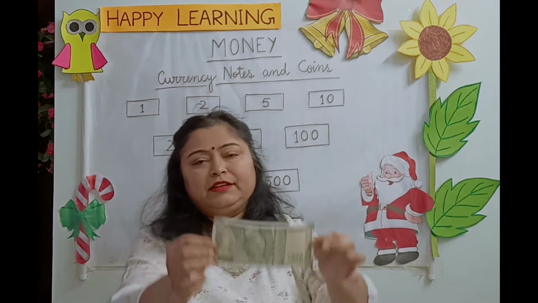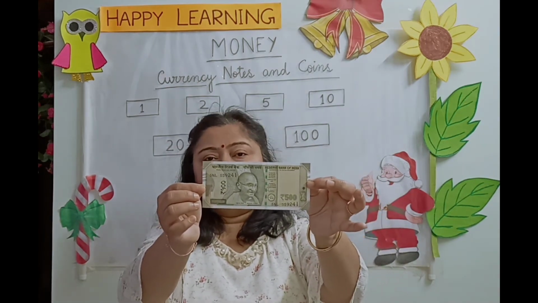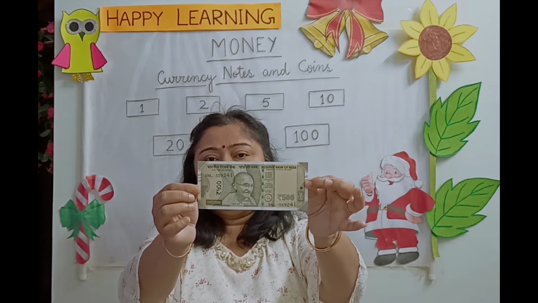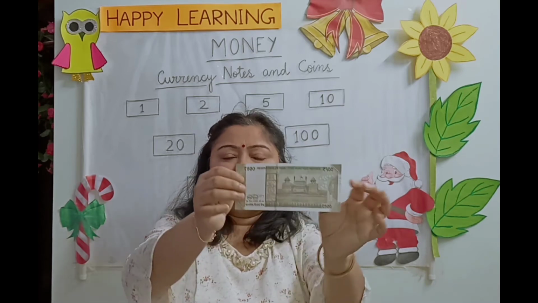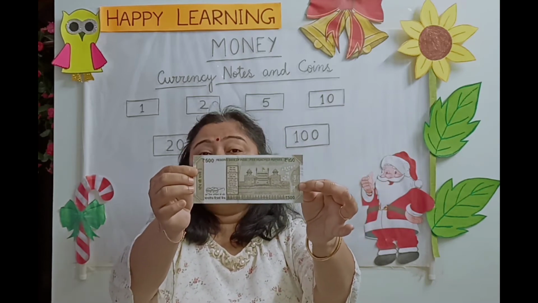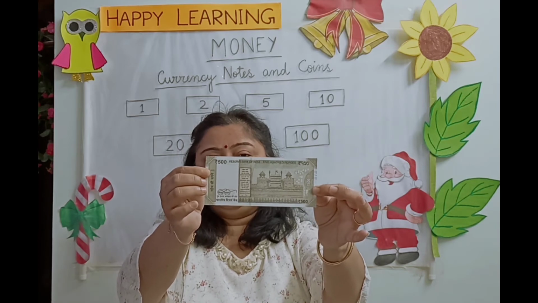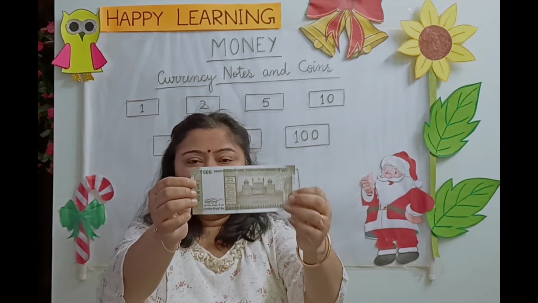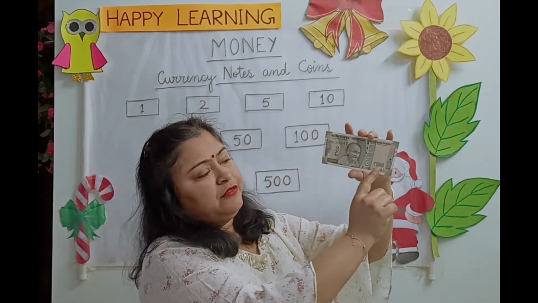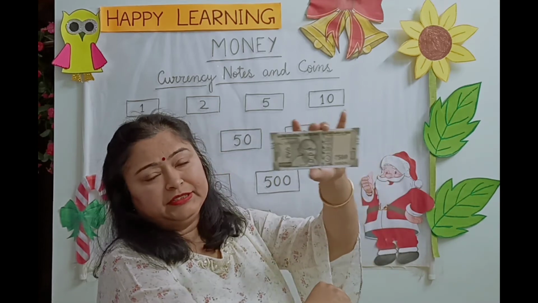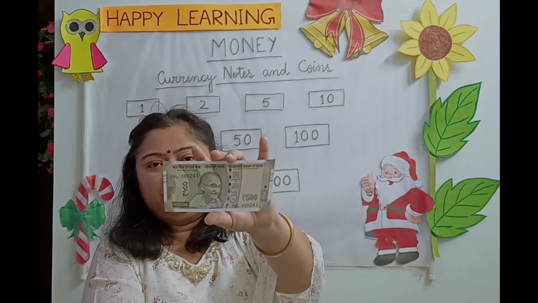Now next, this is a 500 rupees note. As you all can see, this is the back side of the note and 500 is written here.